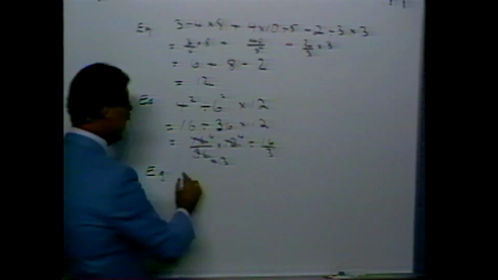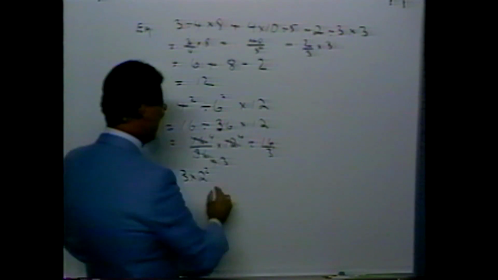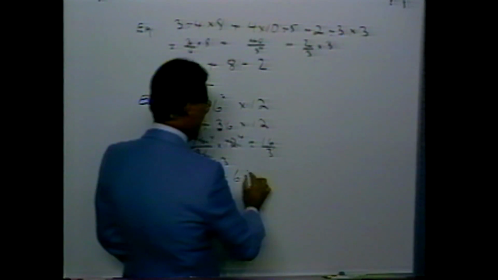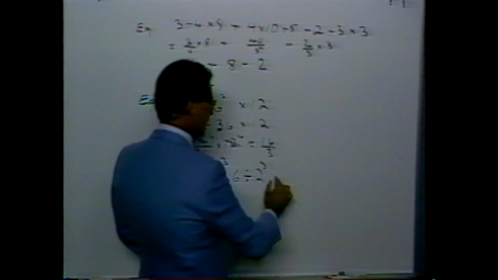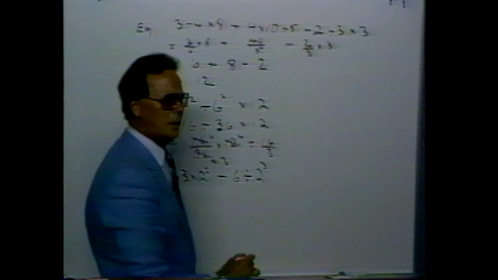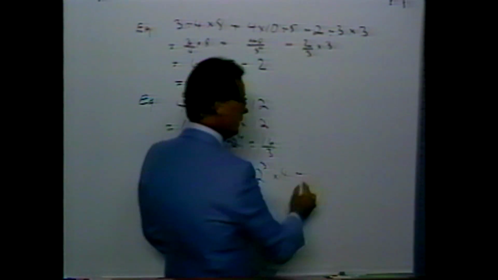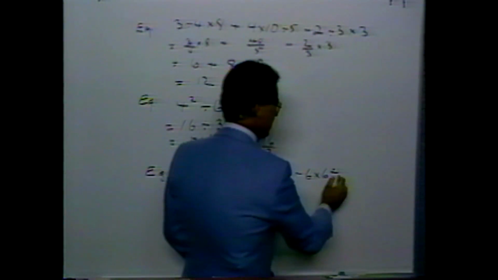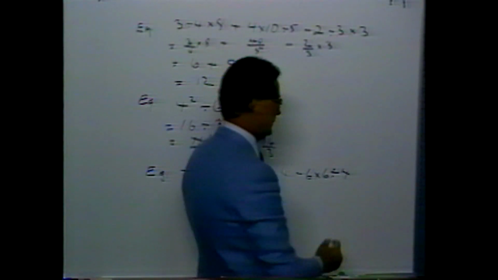Another example, 3 times 2 squared plus 6 divided by 2 cubed multiplied by 4, subtract 6 times 6 divided by 4, and followed by multiplying by 4.